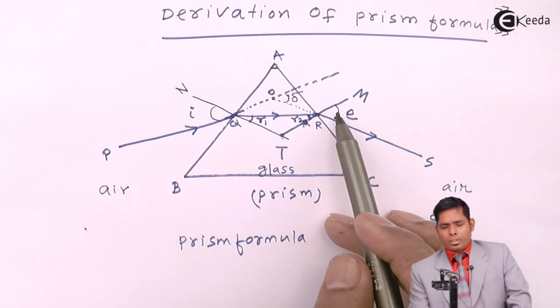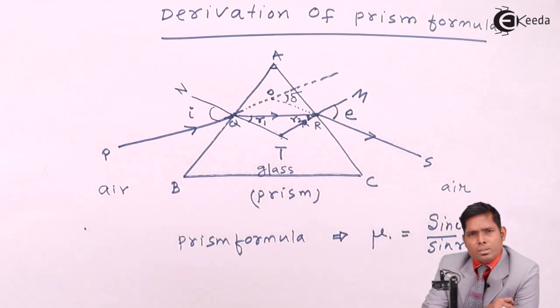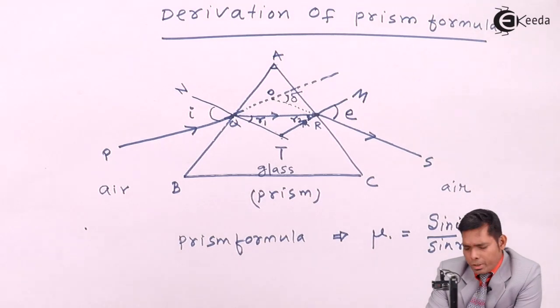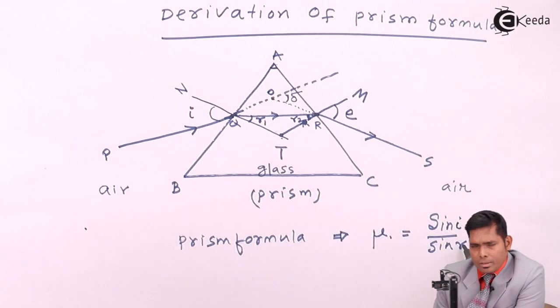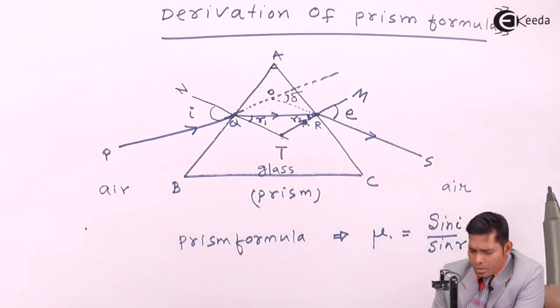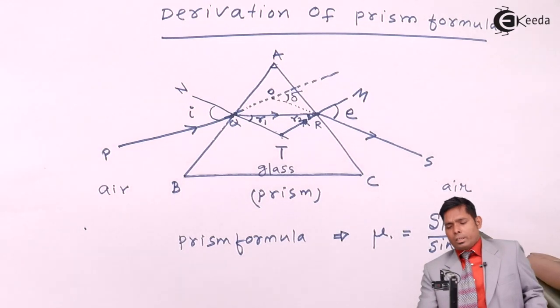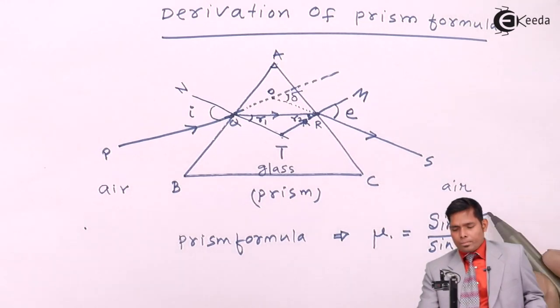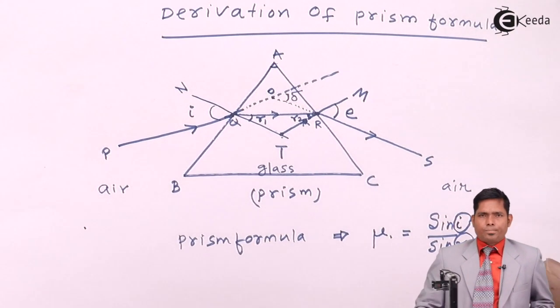Though we call it the angle of emergence, the ray is refracted at this face also. So which i am I writing here? This i, and then which r will you take? Therefore, in this refractive index, which is sin i upon sin r by Snell's law, i is to be replaced, and here r is to be replaced with a known quantity.